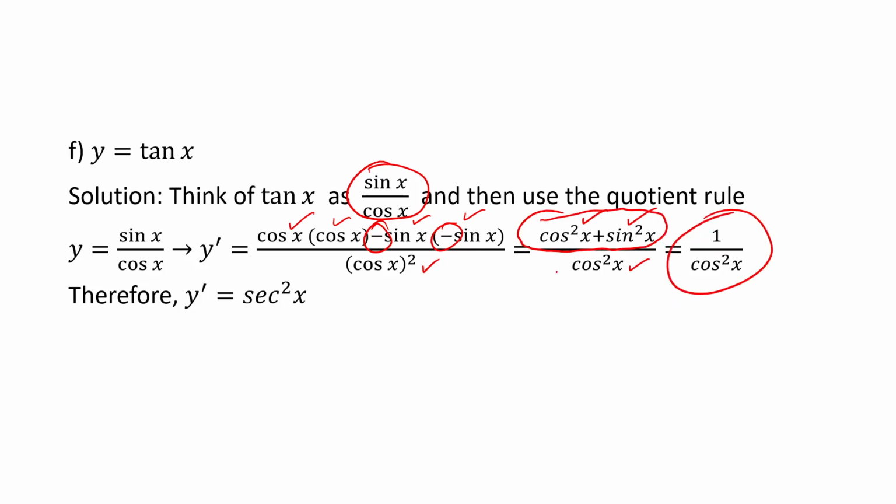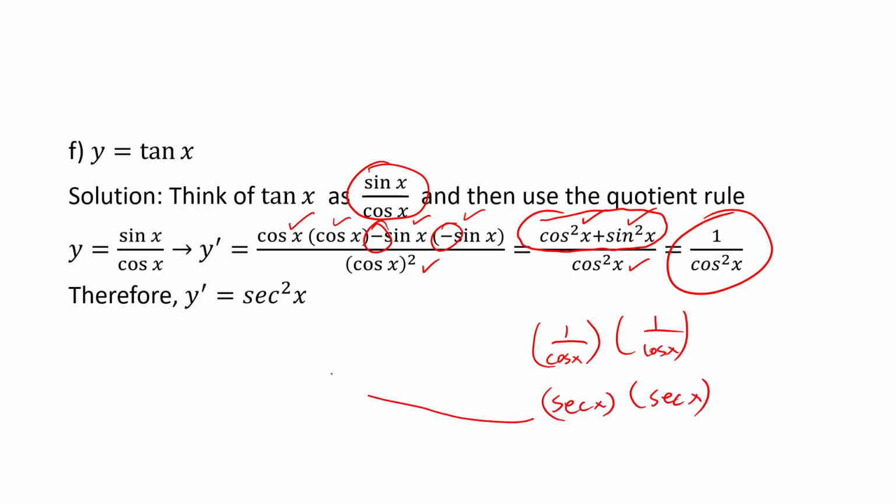So what we really have is 1 over cos squared x. If it helps us, we can think of that as 1 over cos x times 1 over cos x. And of course, that's the same as secant x times secant x, which gives us our final answer right here of secant squared x. So the derivative of tan x with respect to x is secant squared x.